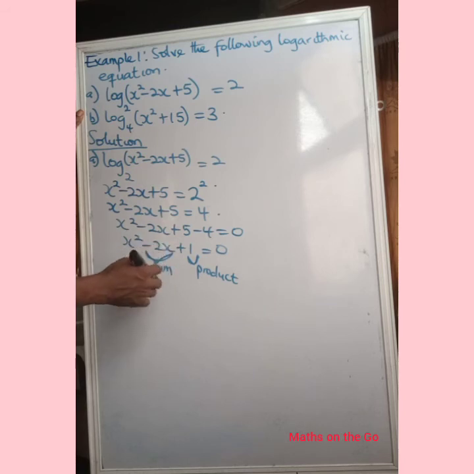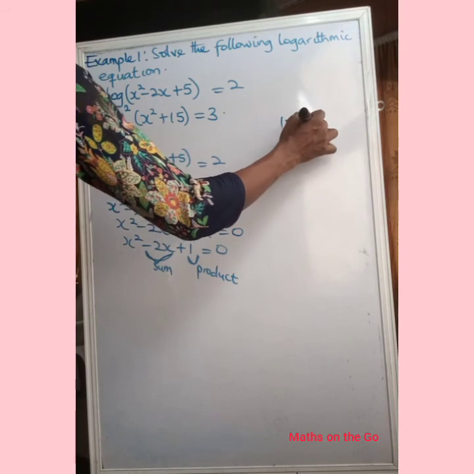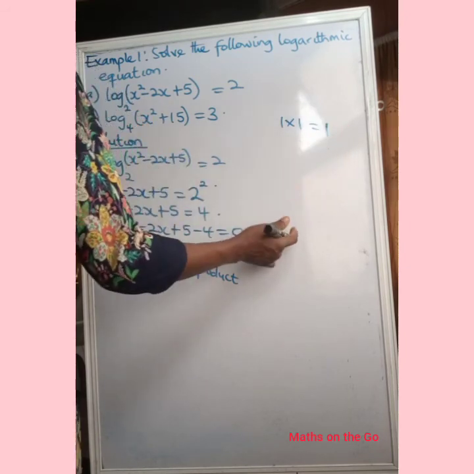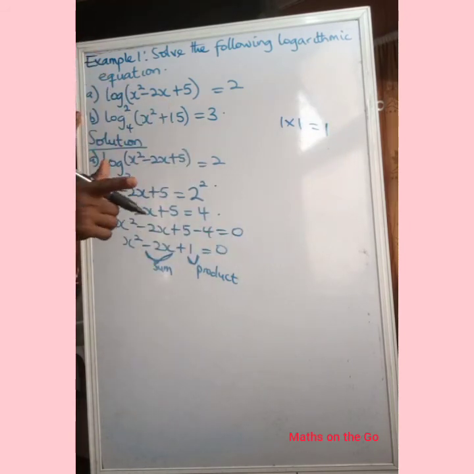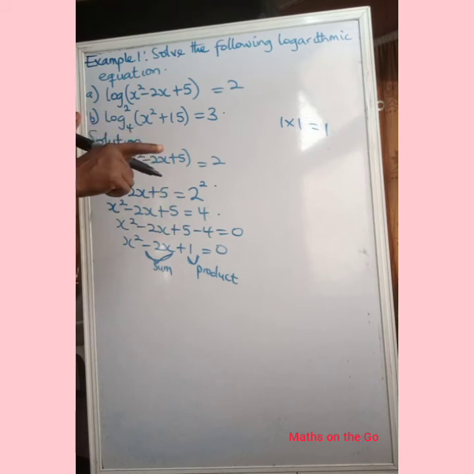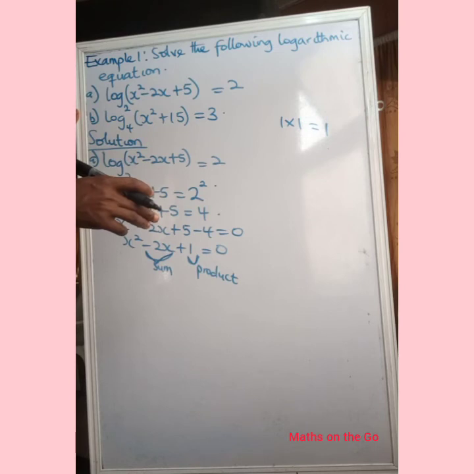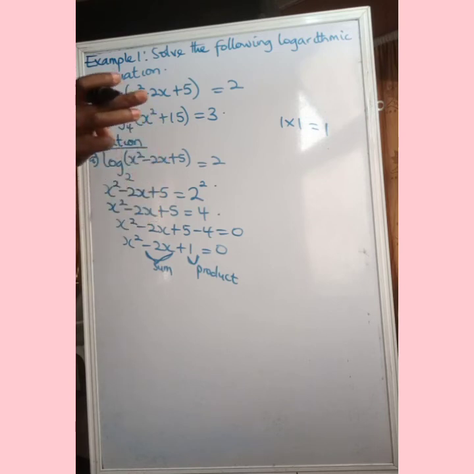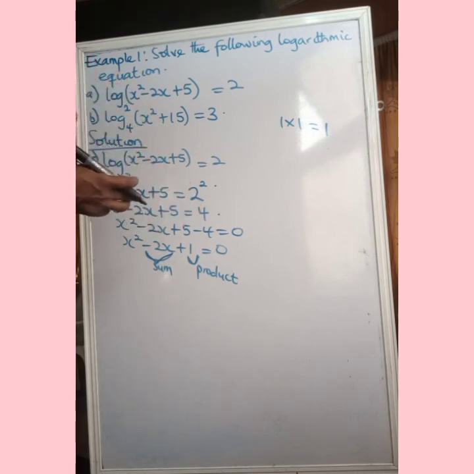When you add them, it will give you minus 2. Now, there are different numbers. 1 times 1 will give us 1. But you need to consider the sign. The sign that I mean here is the negative and the positive. Consider the sign before picking any numbers. The sign will tell you how correct you are.